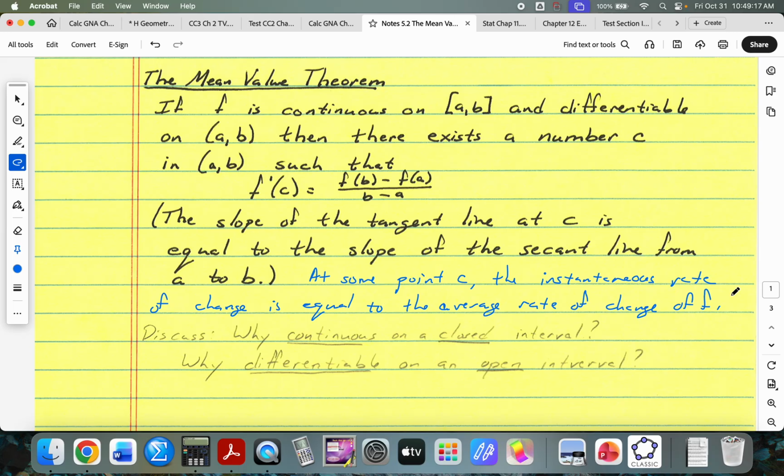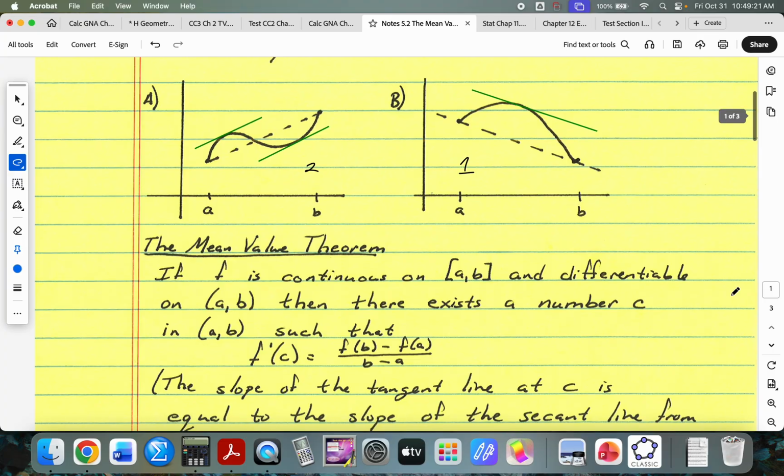Now, it's got to be both things. It's got to be continuous and differentiable. Because if it was something like this, let's do this a different way.